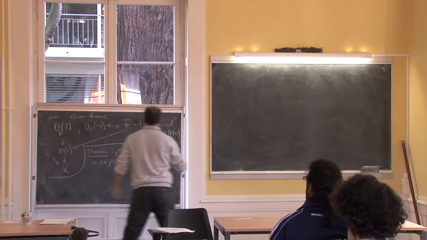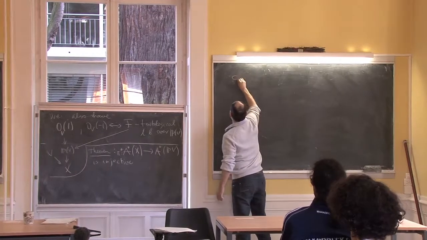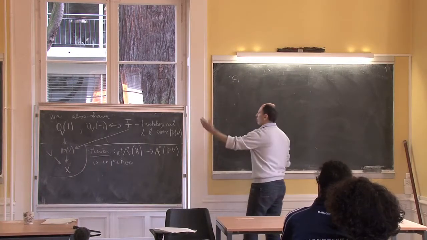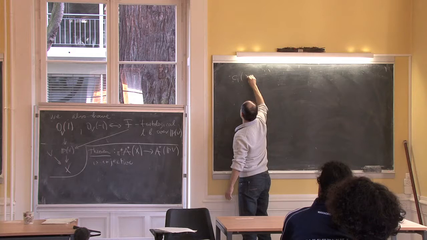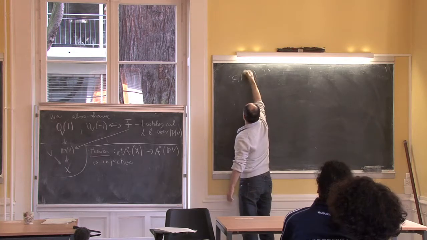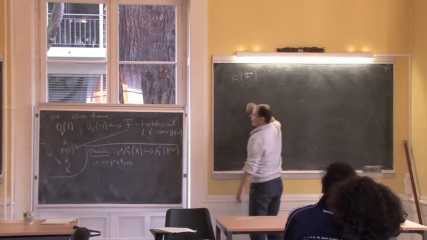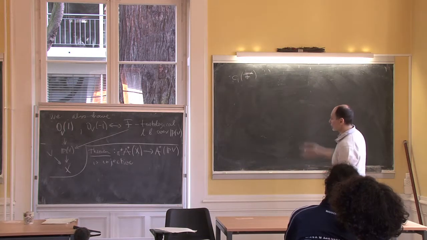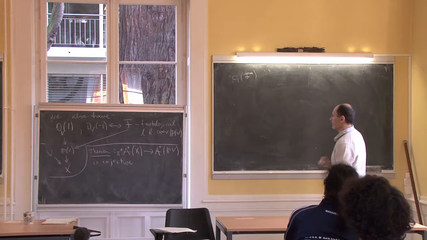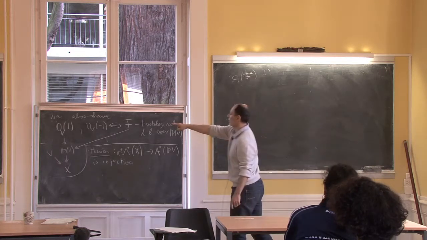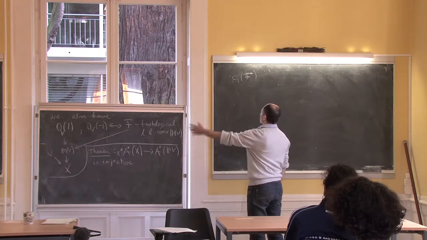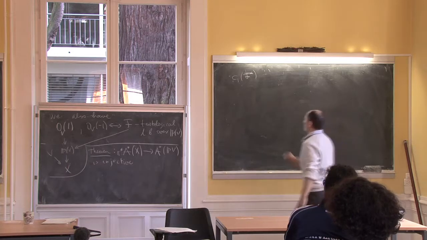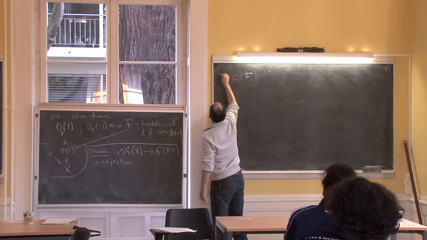So we can just take c1 of this F dual. It is just the hyperplane section class, but in this family sense. So this is the c1 of the tautological F. So let's denote it by psi.